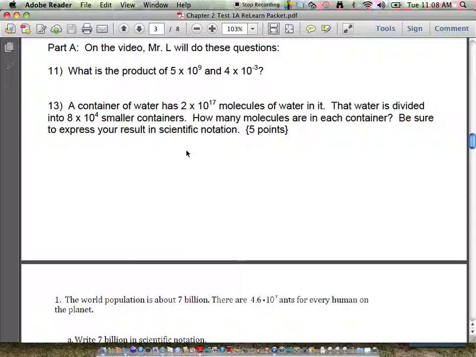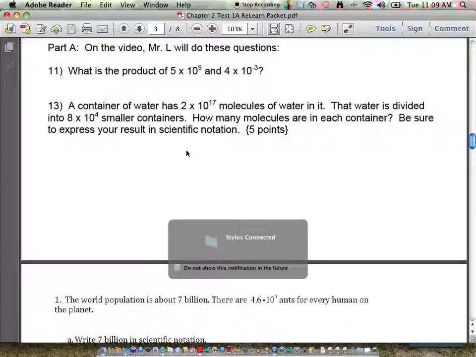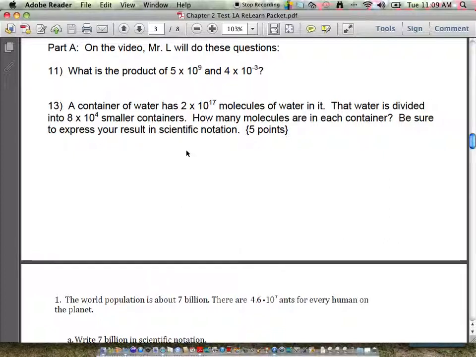All right, so we're up to part 3 on our particular Test 2 Relearn packet. And part 3 deals with scientific notation. Now, look, there's far more important things in the world than Common Core tests. You got family, you got all the other things in your life, your faith, everything else that matters to you.